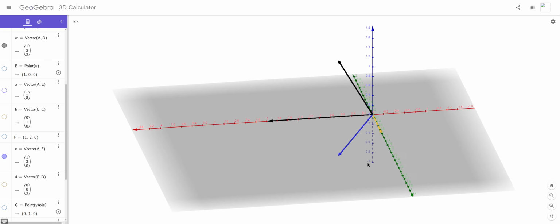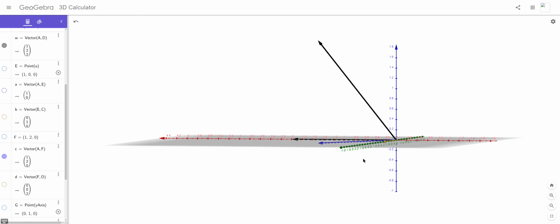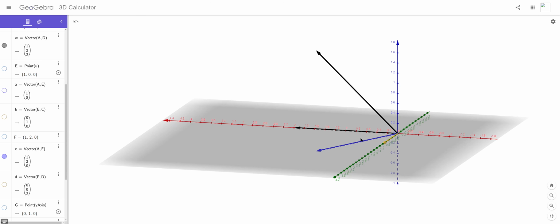Notice your blue vector lies in the XY plane. In order to get the V3, I take this U3 and subtract off this projection.